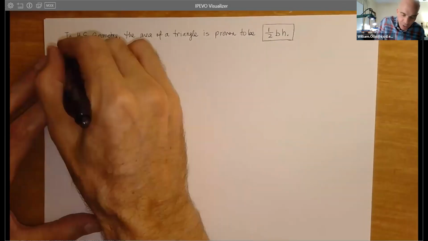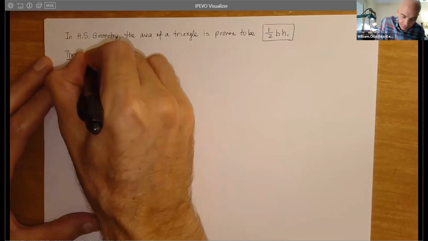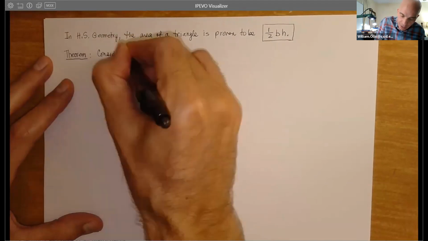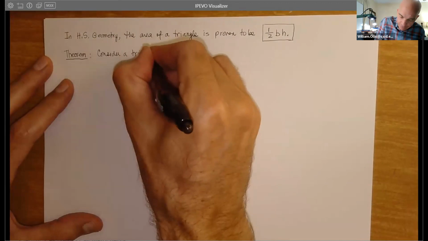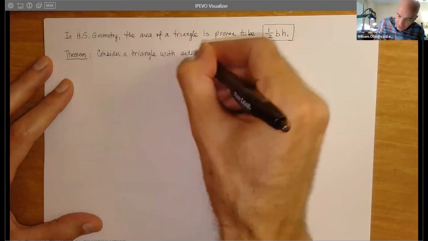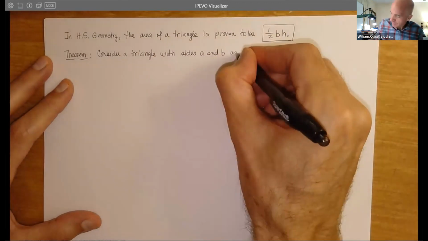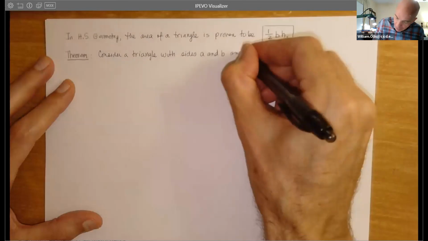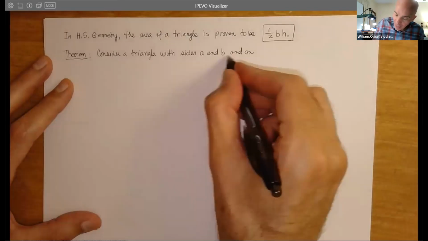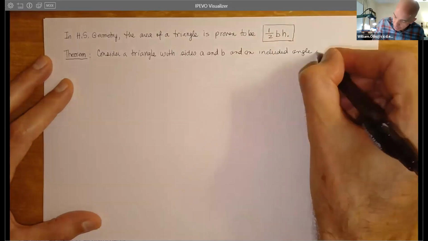So for instance, here's a little theorem. Consider a triangle with sides A and B and an included angle of theta.